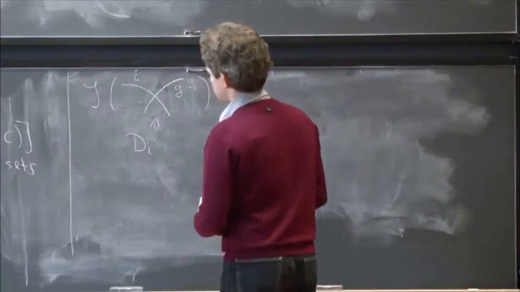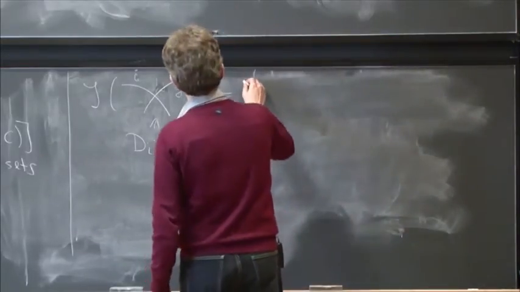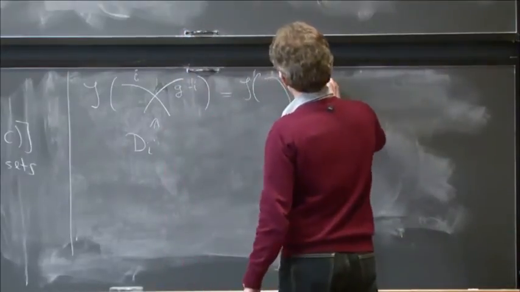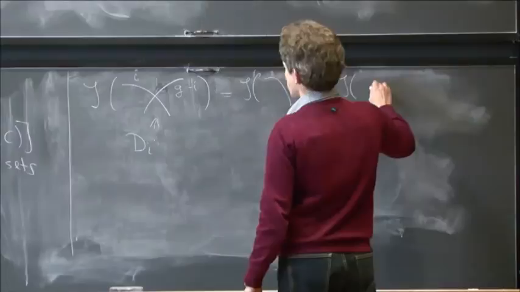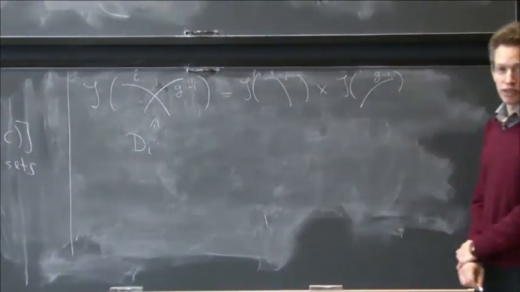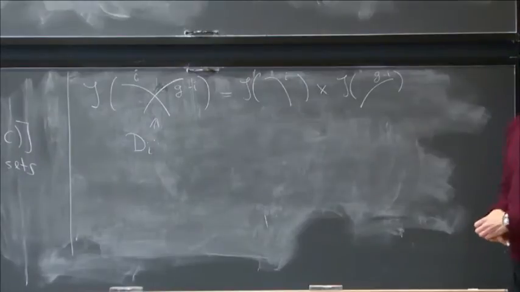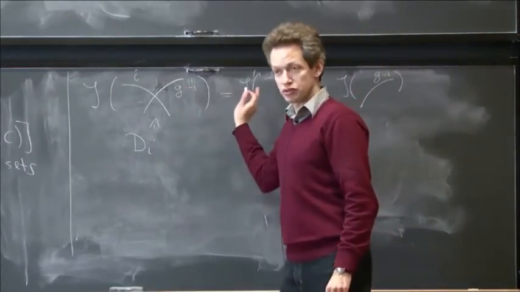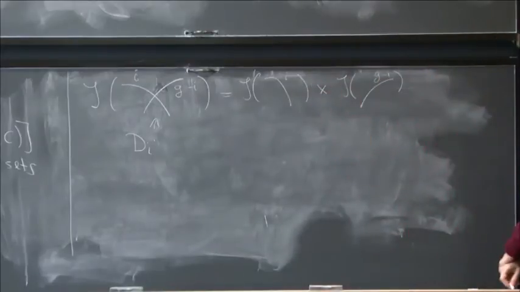If you think about it, you can see that it's simply the Jacobian of the genus i curve times the Jacobian of the genus g minus i curve. Okay, I'm being slightly sloppy with how I identify Jacobians, whether they're in degree 0 or g minus 1, you may need to worry, but let's not worry.